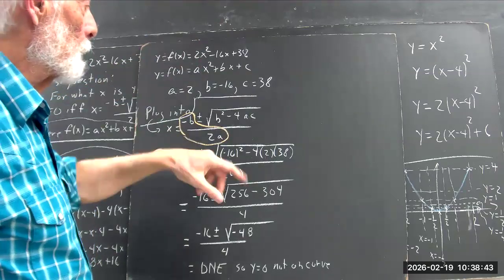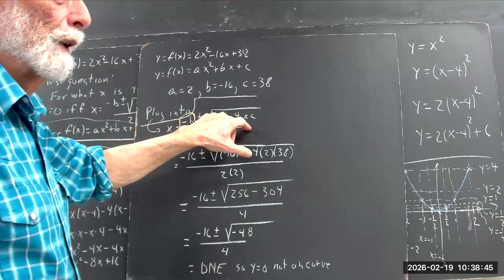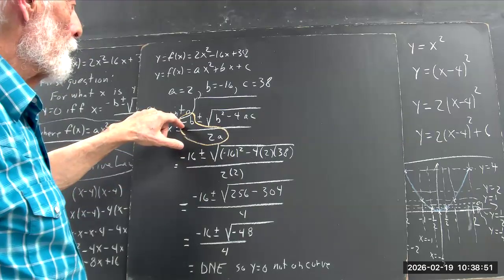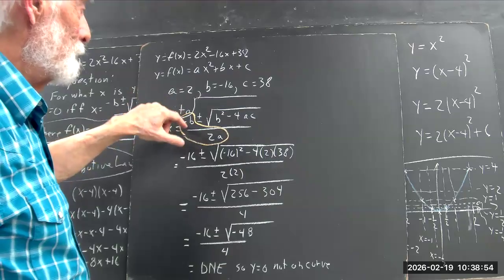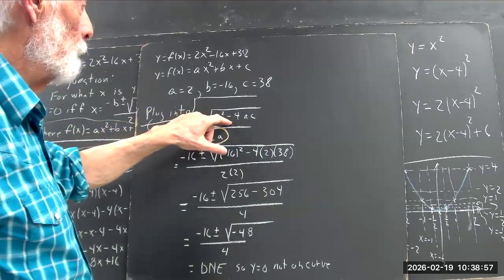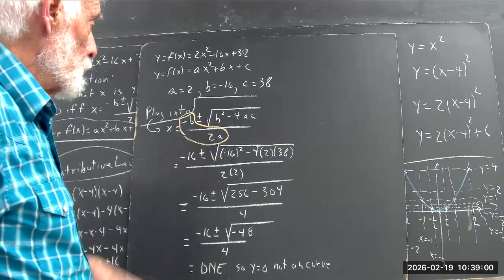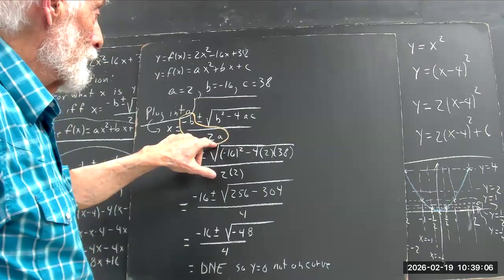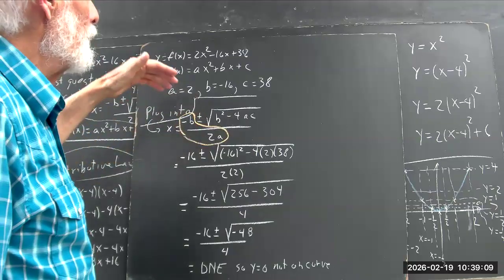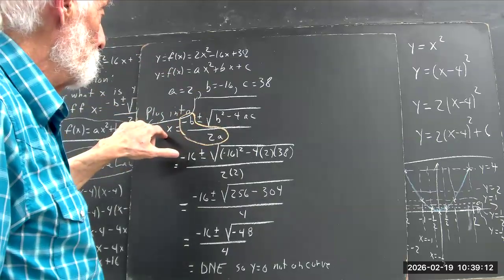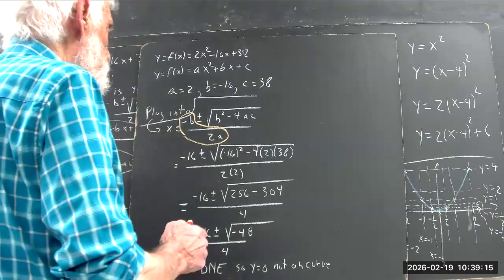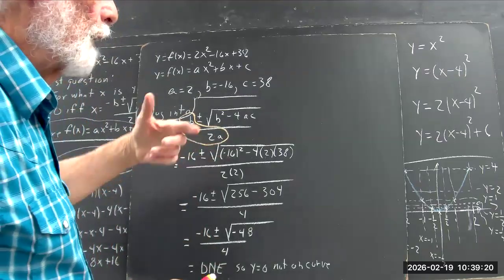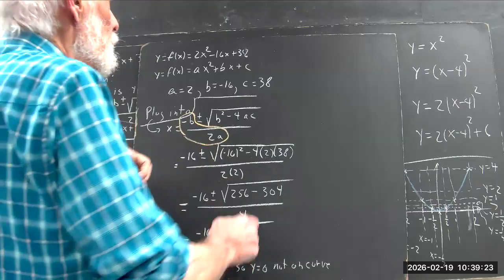And if the number inside the square root turns out to be positive, that means negative b over 2a is halfway between the two numbers that make this thing 0. And that's the x value that gives us the vertex, because halfway between the two zeros would be the vertex.